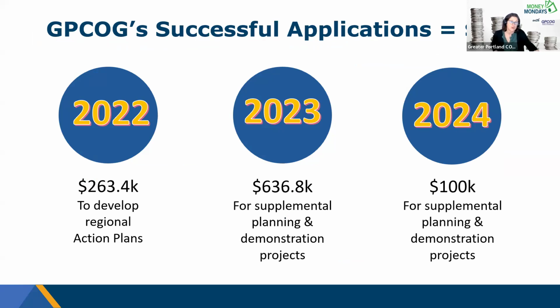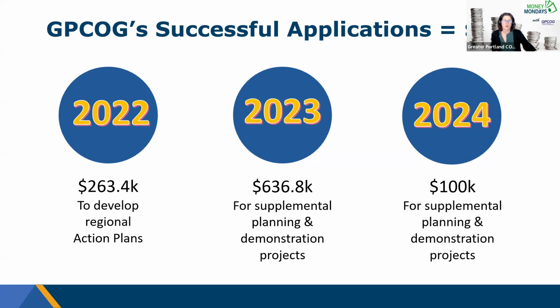We got one in 2022, the first year of the Safe Streets and Roads for All grant, to develop action plans. And then that enables us and all of our communities to then seek future Safe Streets and Roads for All grants in order to implement some things, to do some demonstration projects or implementation projects. So in 2023, we did get 636,000 for supplemental planning and demonstration projects.